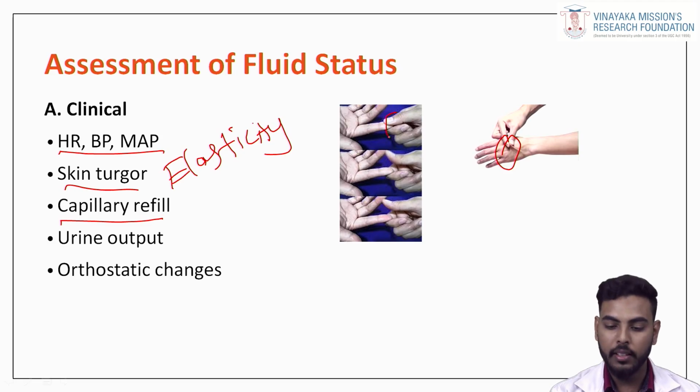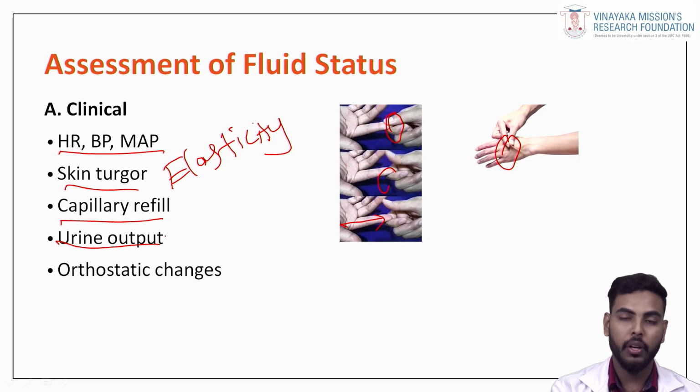They hold the tip of the finger for at least 5 seconds. When they release, the flow should be regained and they see the color. When they hold the fingertip, the blood flow is stopped there. When they release, within 2 seconds the normal color should come back. That is called capillary refill time.